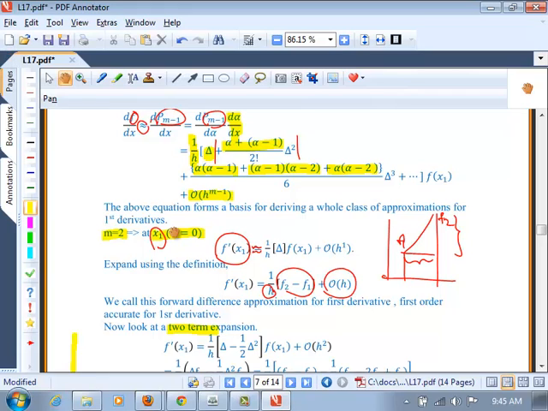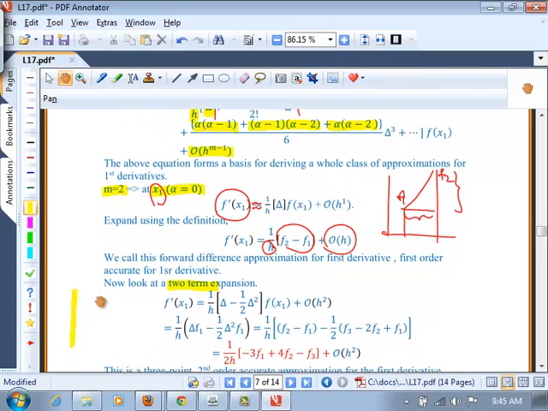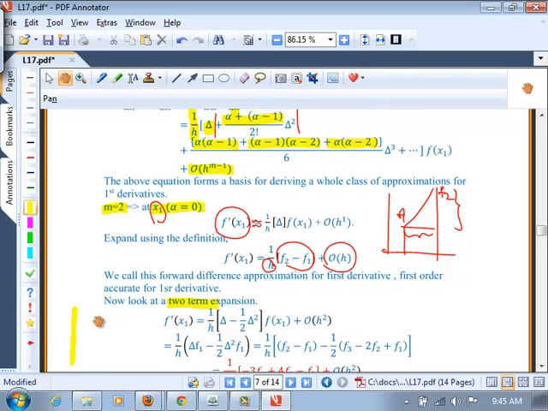So when you substitute alpha equal to 0, this will drop out, this will drop out, you'll get minus 1 over 2 delta squared. That's how you understand this term: delta minus delta squared over 2 operating on f of x1.